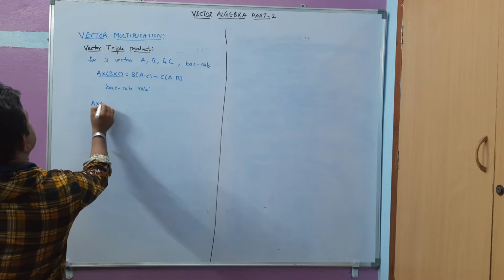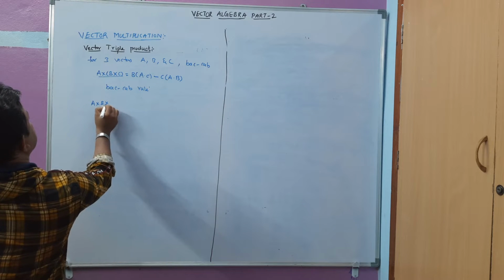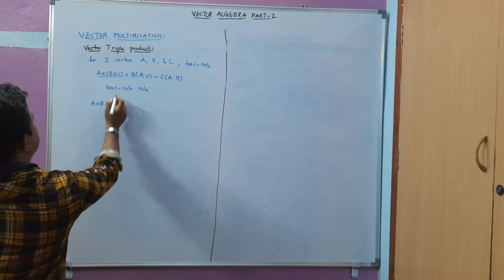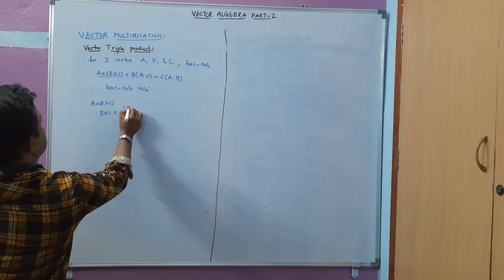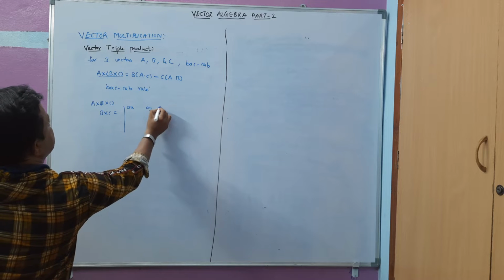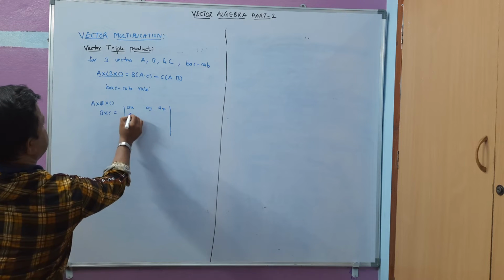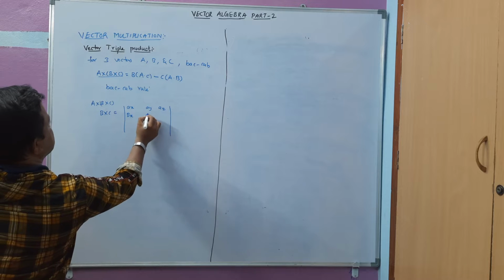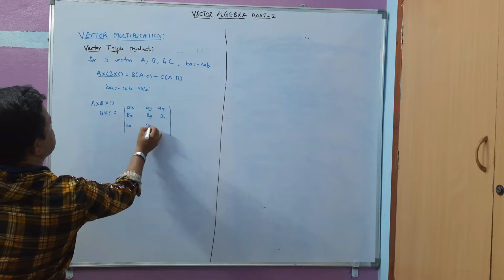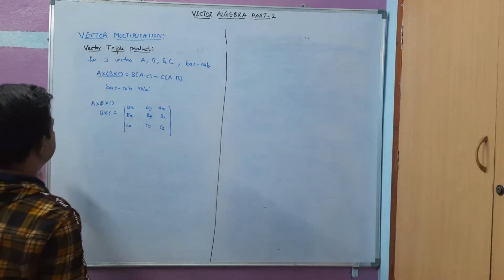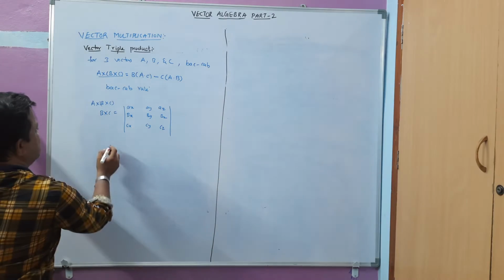a cross b cross c is equal to, so first we need to take the b cross c result here. b cross c is the determinant with rows AX, AY, AZ, then BX, BY, BZ, then CX, CY, CZ. Let me take the determinant here.